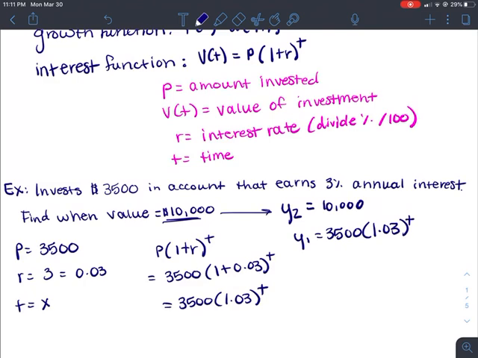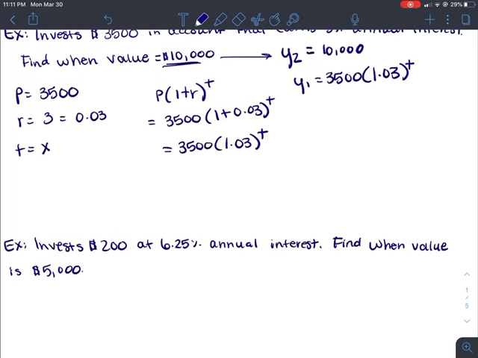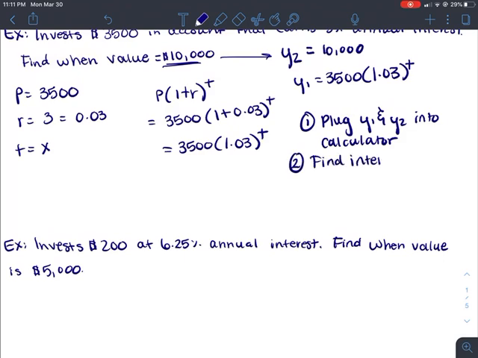Because I can't put a video into this note section, I'm going to say you're going to plug y1 and y2 into your calculator. You're going to graph those two and find the intersect. The x value of the intersect is your answer.